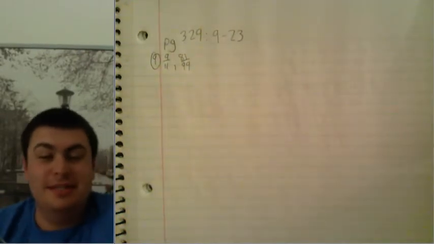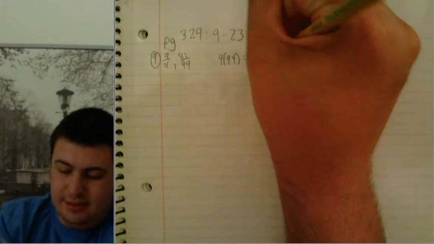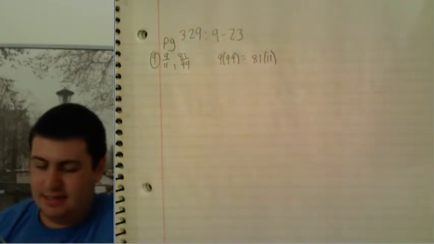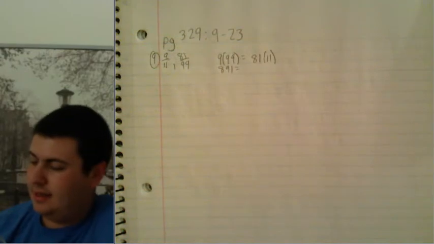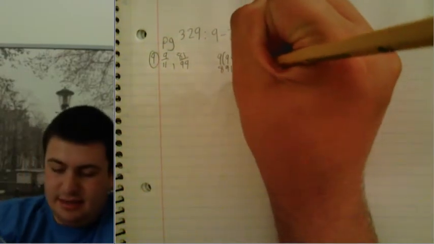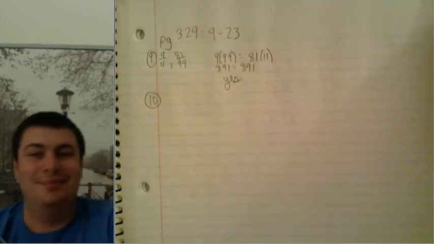You can use the means extremes property to see that 9 times 99 equals 81 times 11. We know that 9 times 99 is 891, and 81 times 11 is 891, and these are equal, so yes, this is a proportion. We skip a line and go on to number 10 and have fun.